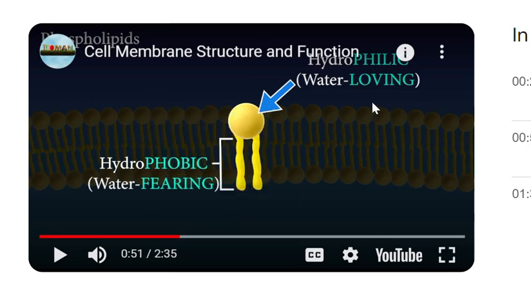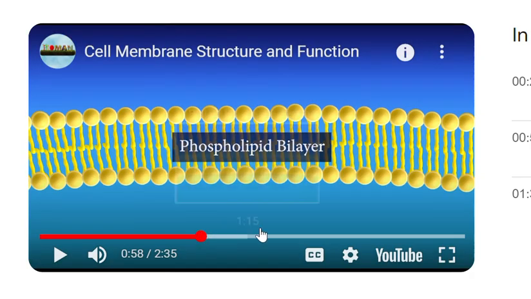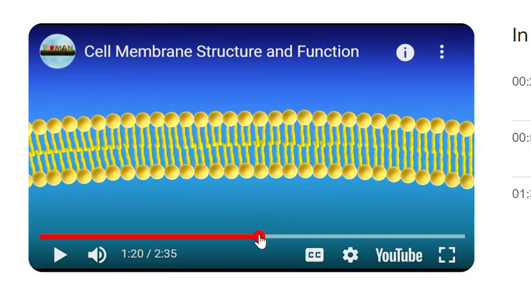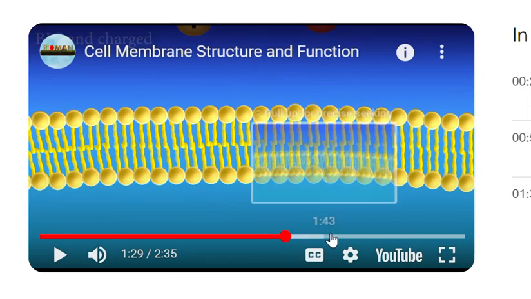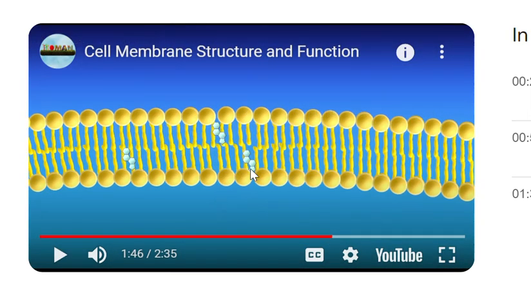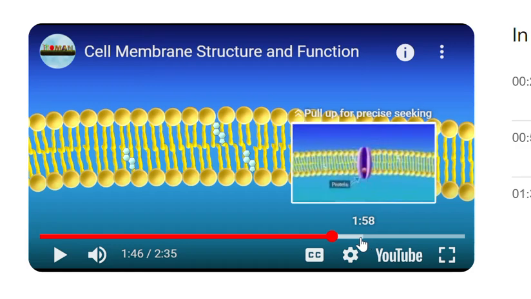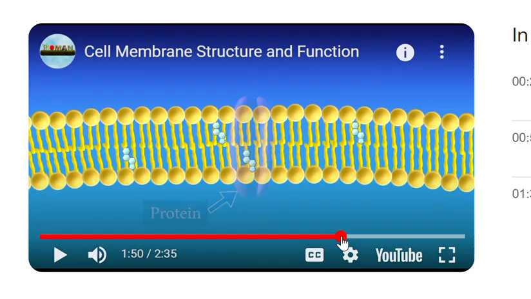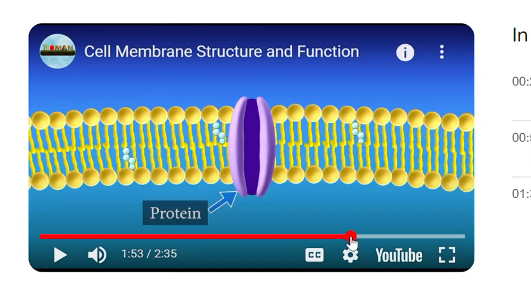So apart from the hydrophilic as well as the hydrophobic phospholipid, what you can see in the cell membrane are the different cholesterols. Okay, so as discussed earlier, your cell membrane has cholesterols which stabilizes the form of your phospholipid as well as we also have here proteins.